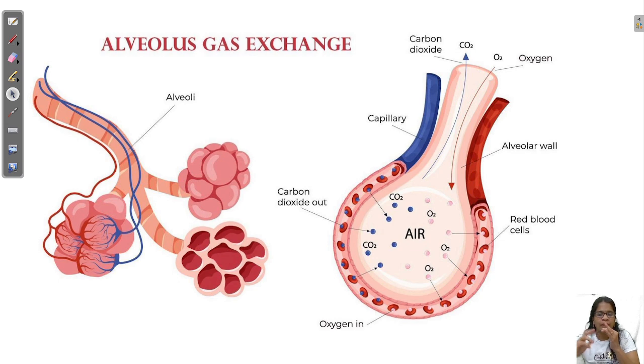So that is how the diffusion happens. If you consider this diagram, these are the RBC which are in the blood, this is the alveoli, and these are the blood capillaries.